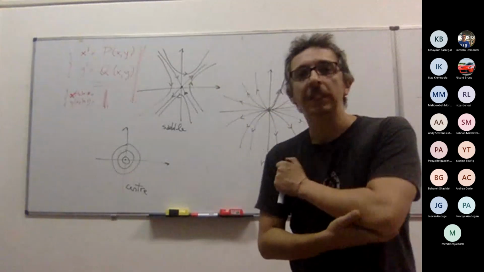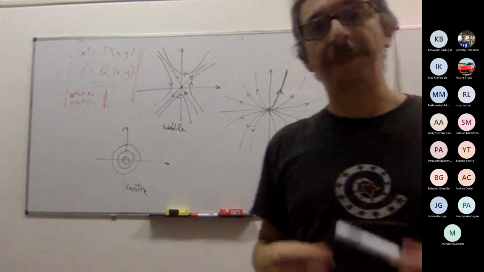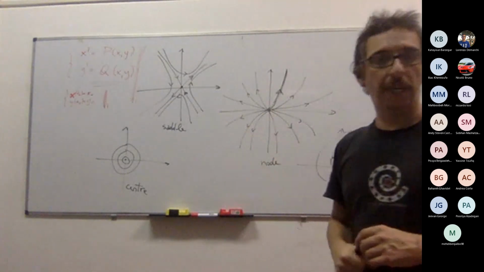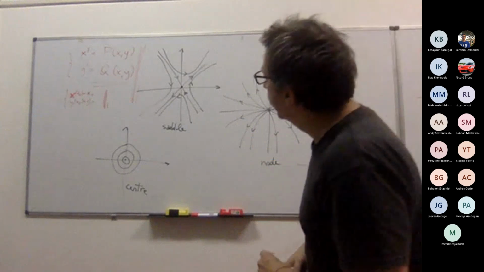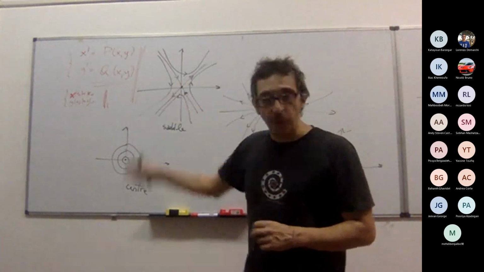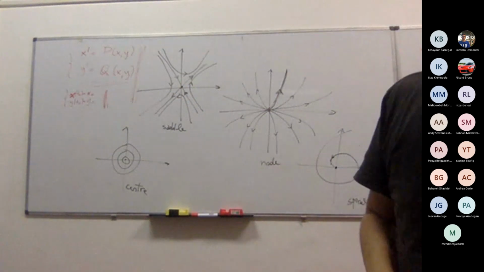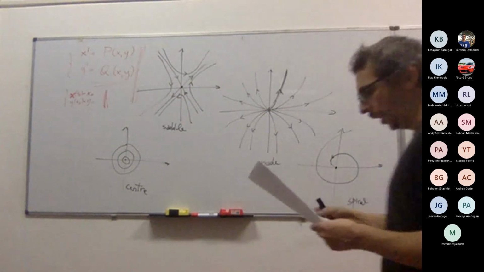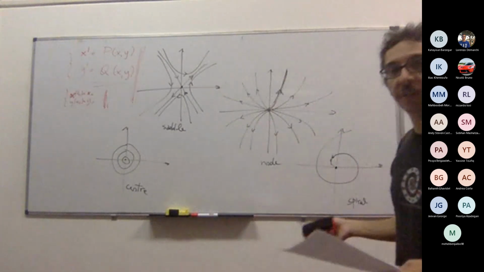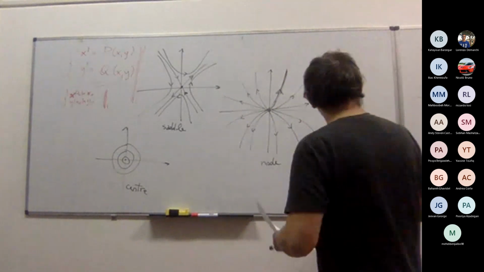Now, what we want to do is to search for some similar result also in the case of systems of two ordinary differential equations. So we want to start to define what's the relation between stability and critical points.